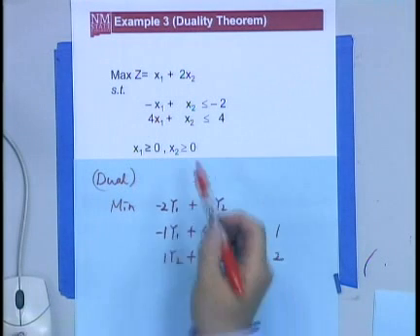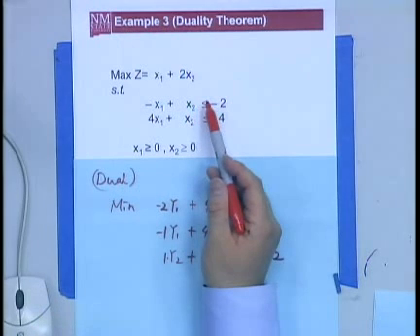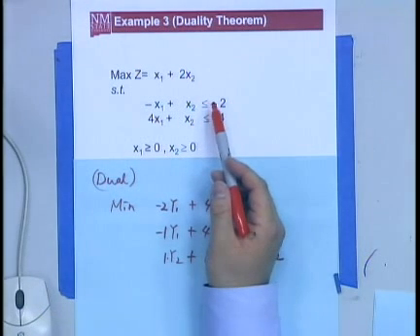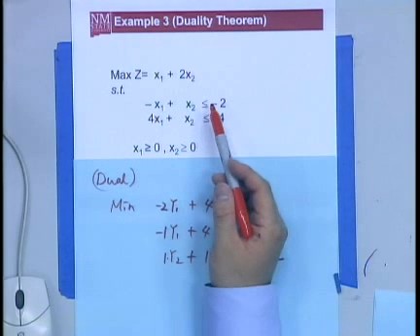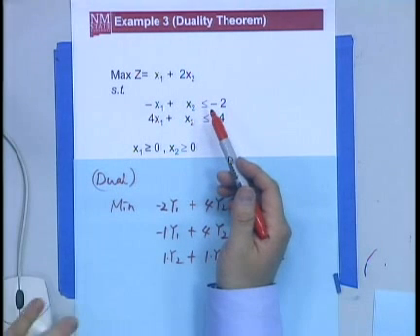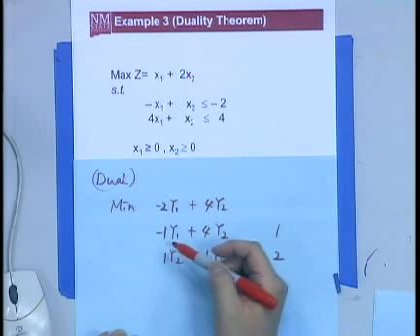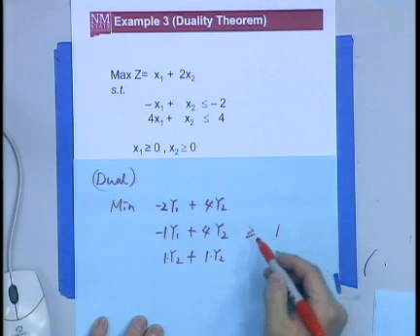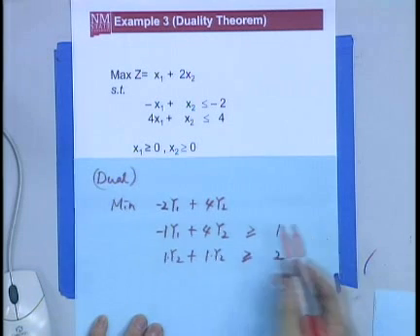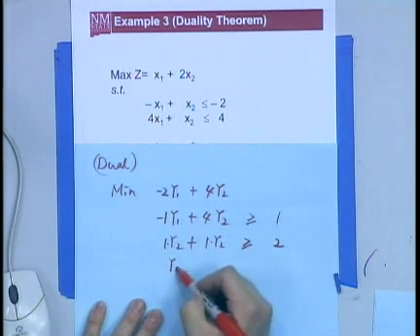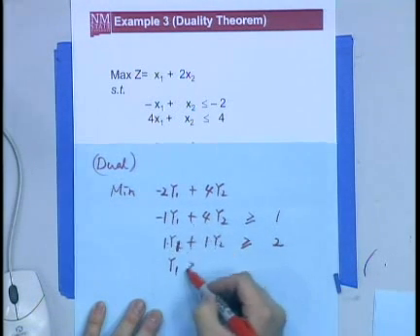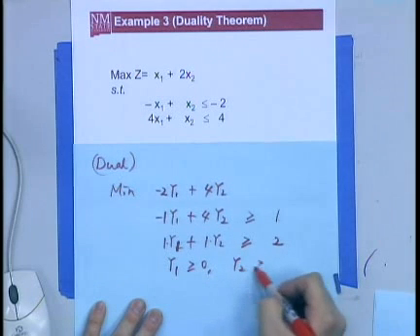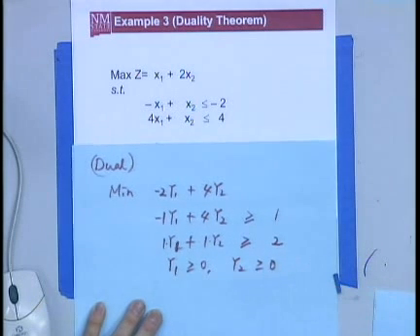And because this given LP, the primal problem, is in the form of a symmetric primal-dual pair, its dual problem must be a minimization problem with greater than or equal constraints and non-negativity restrictions. Oops, it should be 1. Is that right?